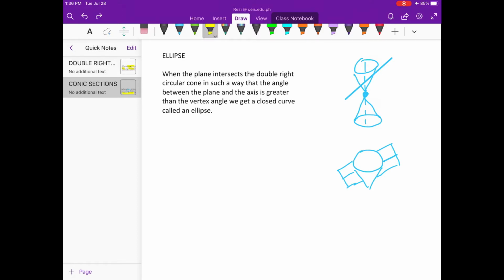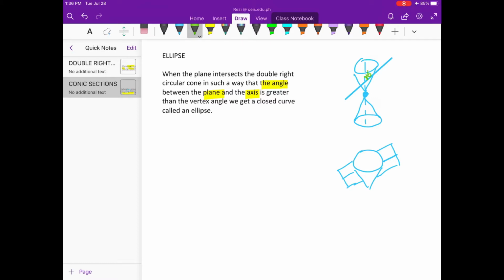So let's highlight some keywords. The angle between the plane and the axis. Where can you find that? So here's the plane, and the axis is the broken line from top to bottom.